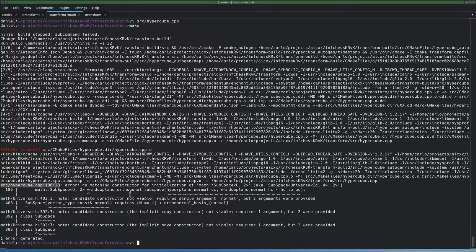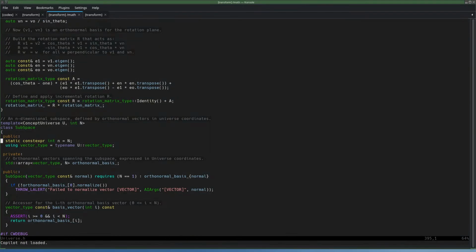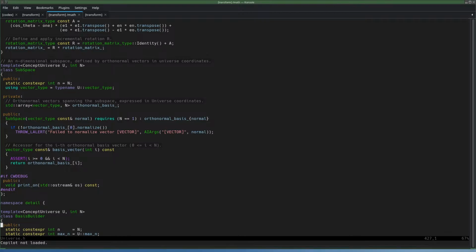No matching constructor for initialization of subspace U2. Okay, subspace universe ID 42. Candidate constructor not viable, requires single argument normal. Indeed. I have not fixed it. Subspace is now constructed from 2 vectors. No, yeah, before I was too lazy.